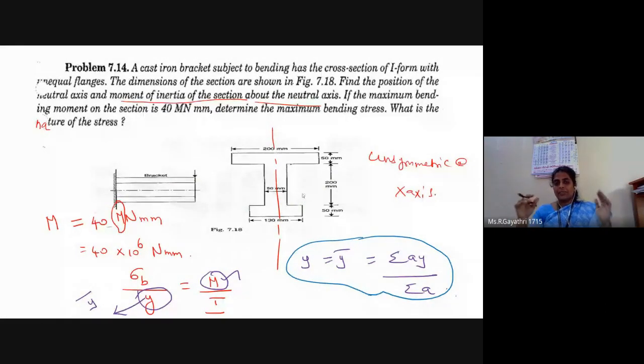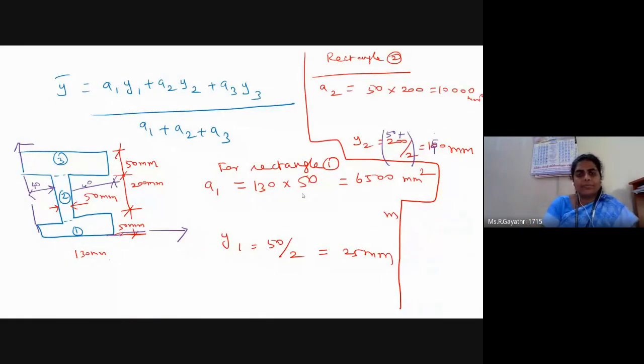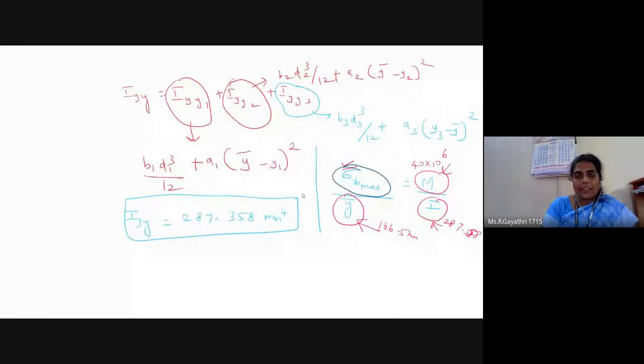In this way, we noted A1 value, Y1 value, A2 value, Y2 value, A3 value, Y3 value. We noted 6 values. So sigma AY means A1 Y1 plus A2 Y2 plus A3 Y3 divided by sigma A means A1 plus A2 plus A3. We got Y bar value.